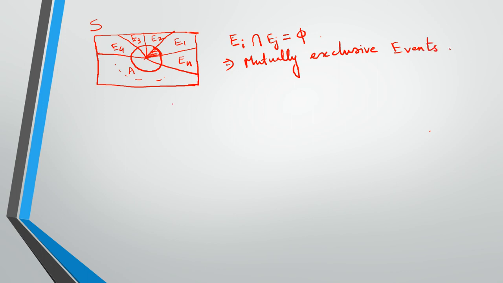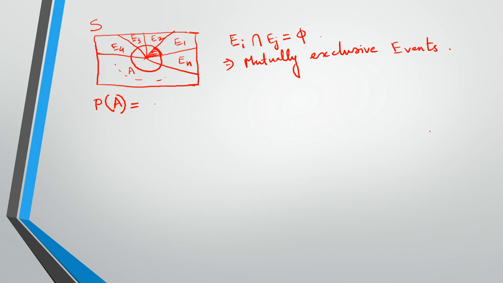Now we will find, let's say, what is P(A). We want to find P(A) in terms of the Ei. That is the total probability.